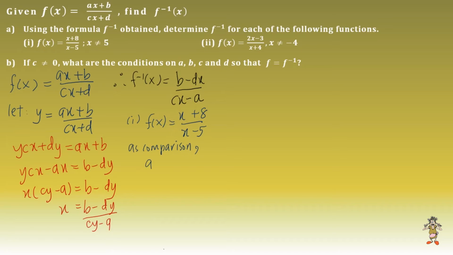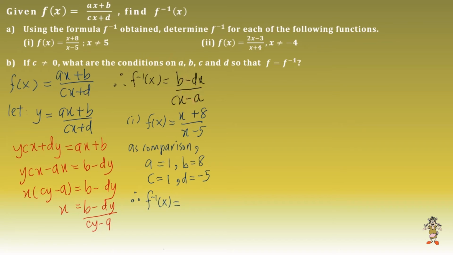So a equals 1, b equals 8, c equals 1 again, and d equals negative 5. So therefore, f inverse of x is, okay, you use this one. Put a, b, c, d into this one.